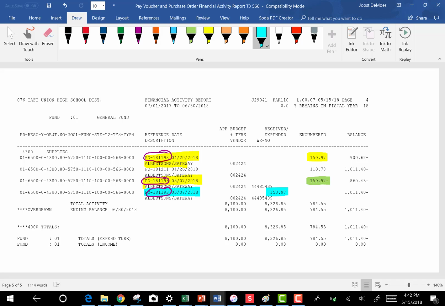There are 3 steps to a purchase order. Step 1 is that I got permission to go out and purchase these goods with the purchase order number, and that's given to the vendor. Step 2 is typically that you release the encumbered amount, because at step 3 you know exactly what the cost was, and the exact cost was $150.97.